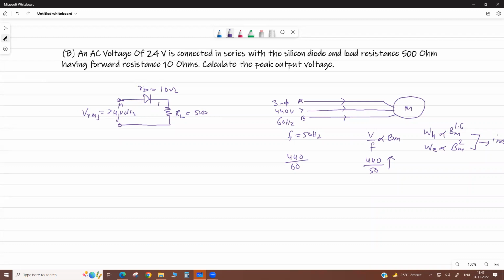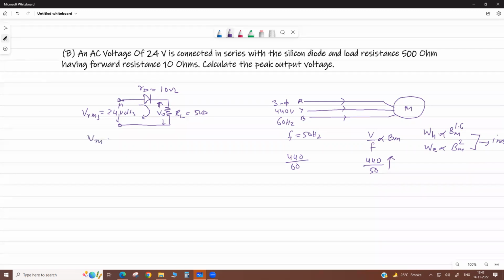Now it is asking for the peak value of the output voltage here. So as I told, you have to first calculate the VM.